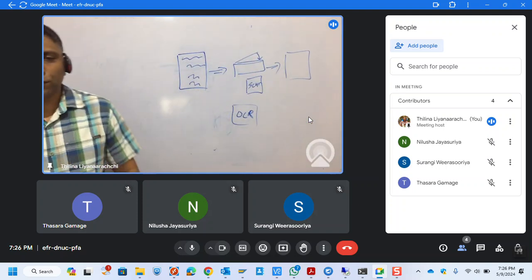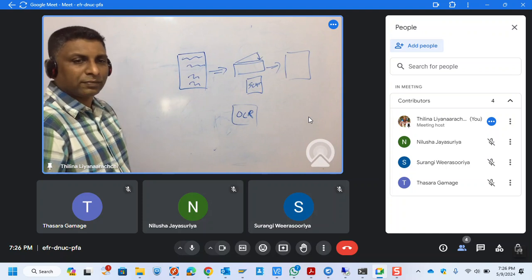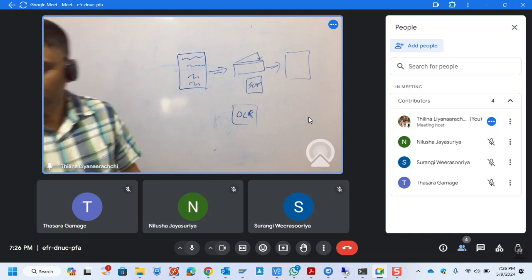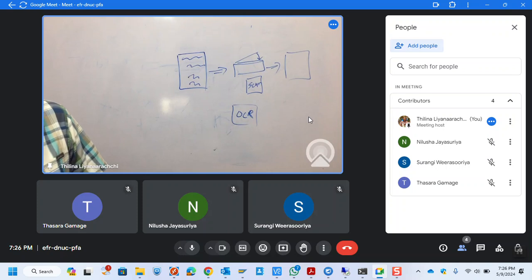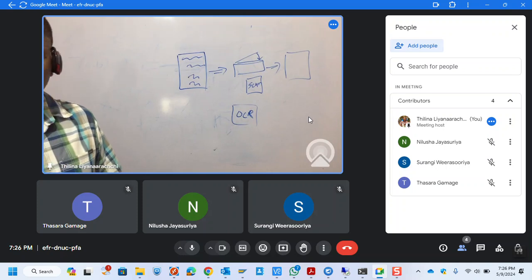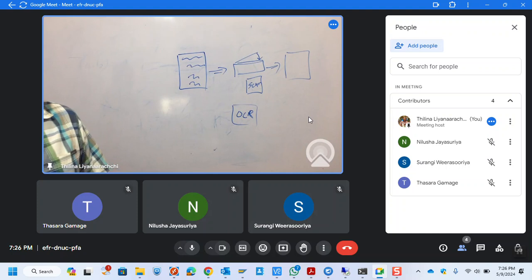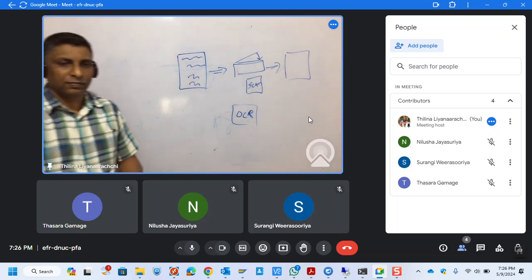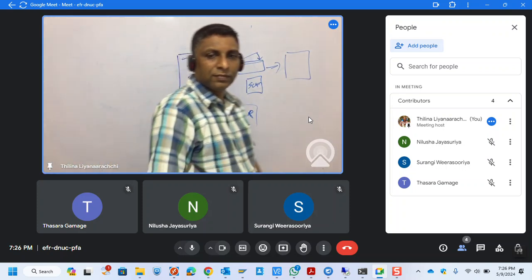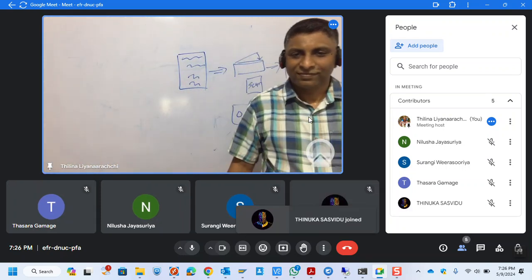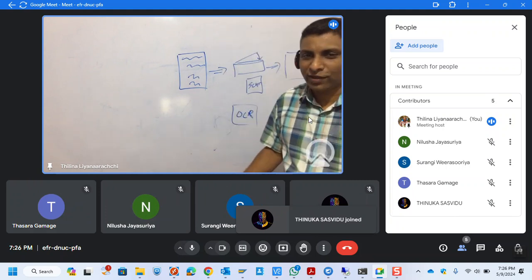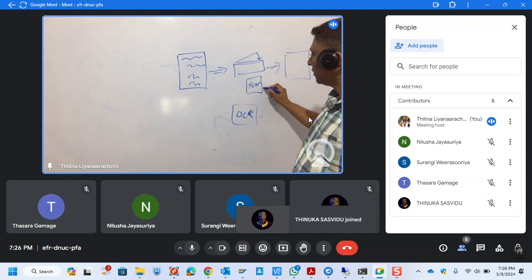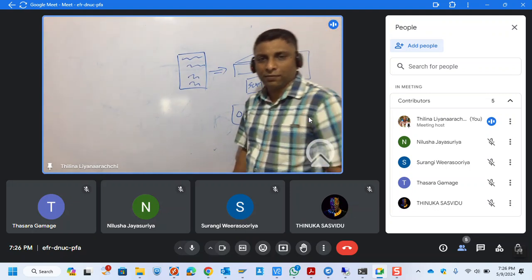So what's the difference? All right, I was waiting. Okay, so what's the difference between the OCR scan and the generic scan?